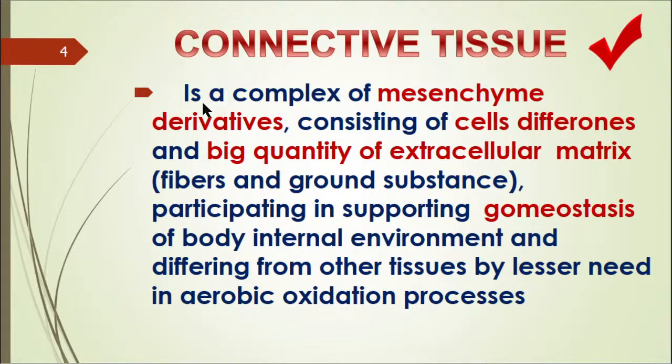Let's write that connective tissue is a complex of mesenchyme derivatives consisting of cells differons and a big quantity of extracellular matrix, fibers and ground substance, participating in supporting homeostasis of the body's internal environment and differing from other tissues by a lesser need for aerobic oxidation processes.